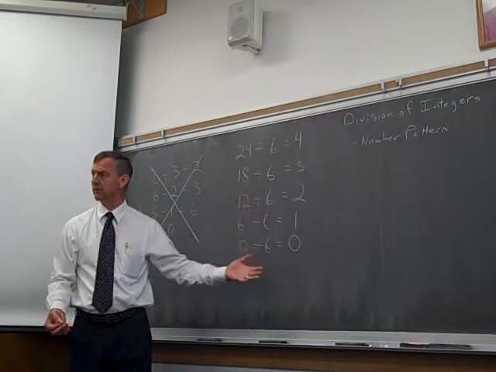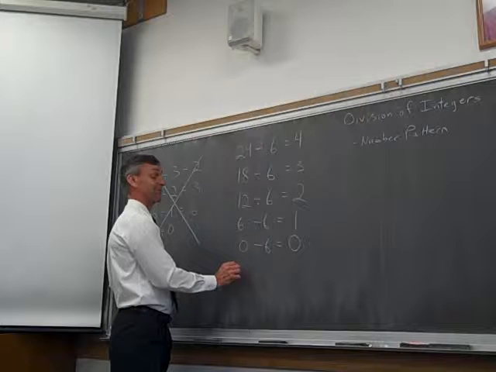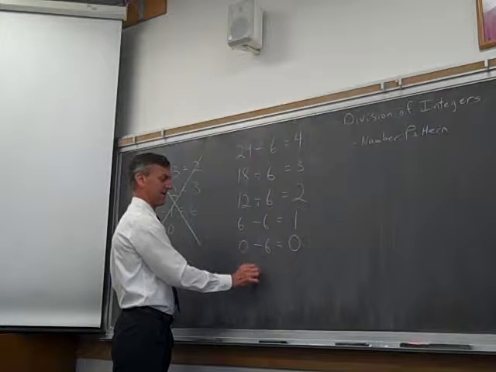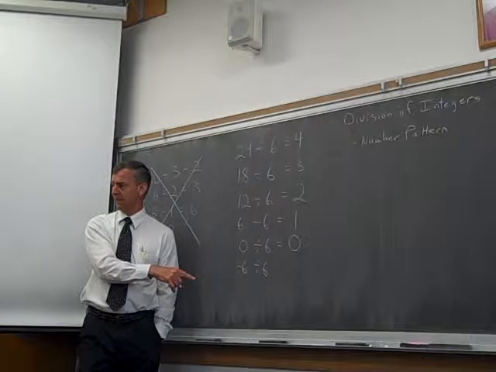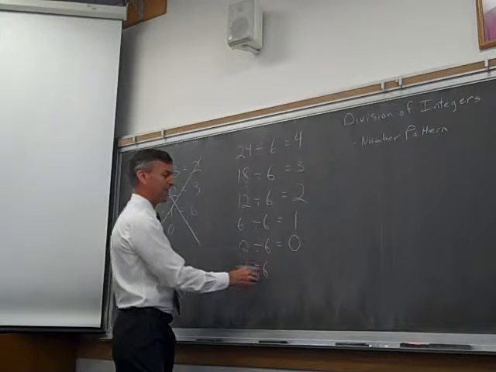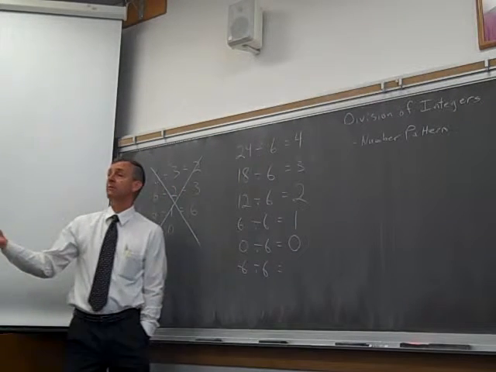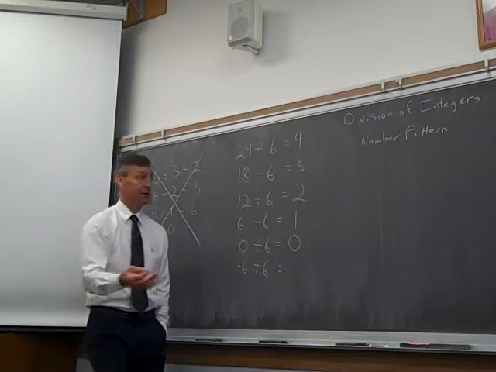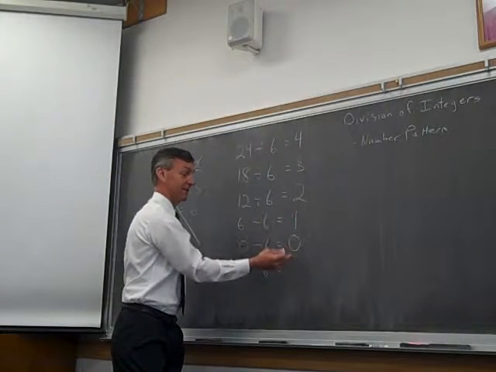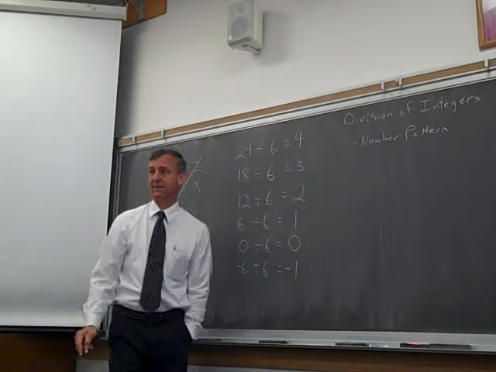The pattern gives it to us. What's next? Negative 6 divided by 6. Do you think they can do that? Yeah, they can. And what's the answer now? They don't know how to divide negatives and positives, but they'll know the answer is negative 1, because the pattern takes us there.